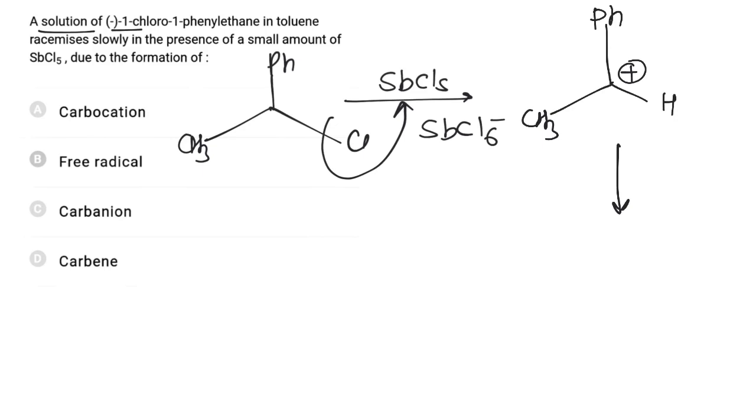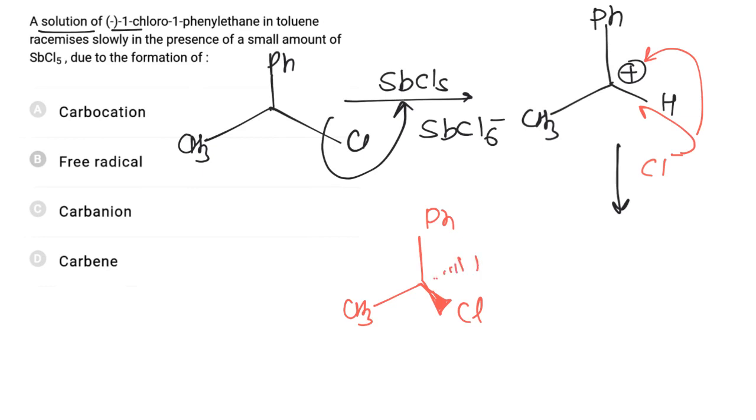Now sp2 hybridized carbon atom is planar, and now Cl negative can attack from either of the sides. It can attack from front, it may also attack from back side. So we will get equimolar mixture of two optically active compounds. If Cl attacks from front, we get this molecule, and if Cl is attacking from back, then its enantiomer is formed in which Cl is present away from the viewer, backside, hydrogen is front.